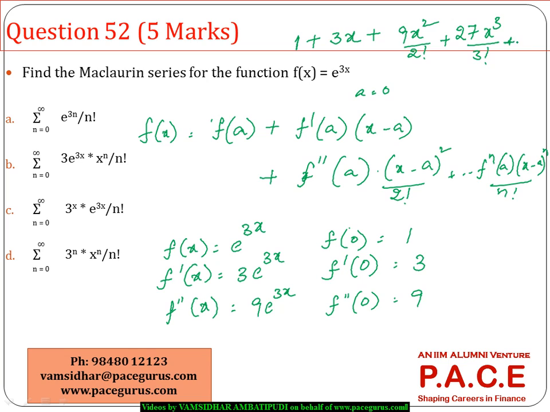It is going like that. If I look at it from a sigma standpoint, this is becoming sigma n equal to 0 to infinity of 3 power n x power n by n factorial. This is the expansion that is coming out, which means I will definitely mark the option choice D.